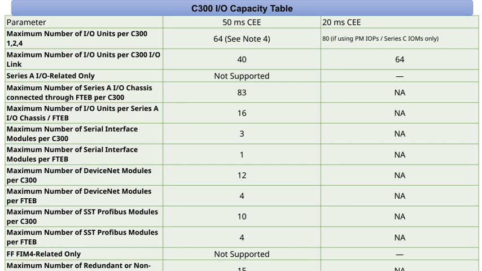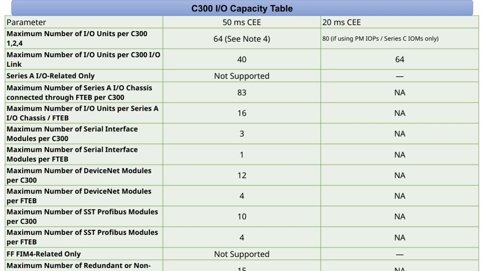Regarding serial interfaces, the C300 can support up to 3 serial interface modules, but only for the 50 ms configuration. Each FTEB can host 1 serial interface module. Similarly, for DeviceNet modules, the maximum per C300 is 12, and per FTEB it's 4. The SSD Profibus modules follow the same pattern, with 10 per C300 and 4 per FTEB.